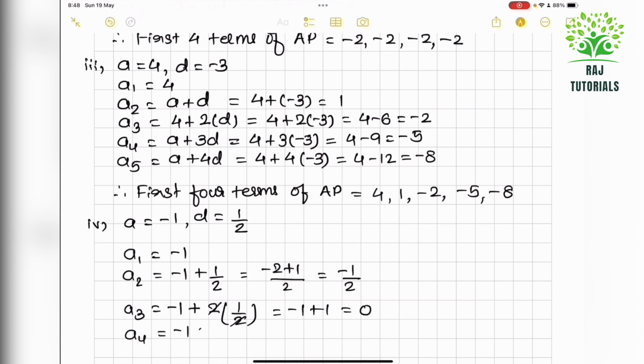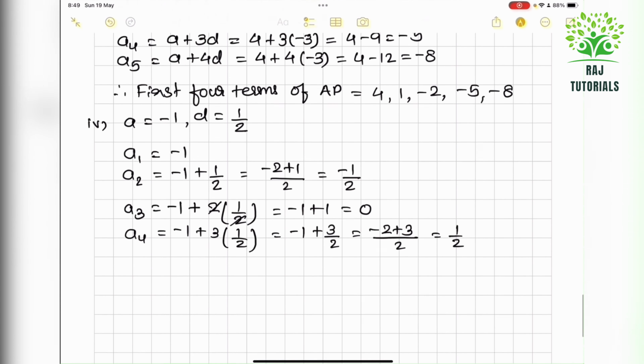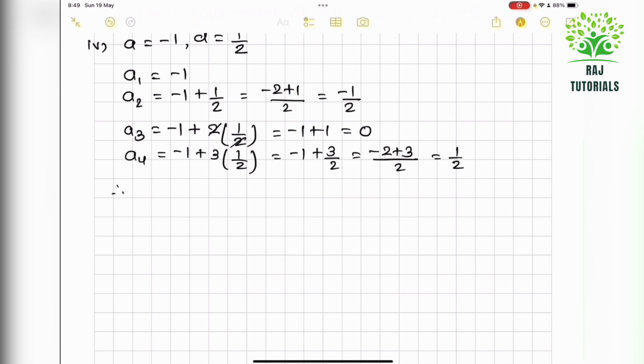A4 is minus 1 plus 3 into 1 by 2, so that is minus 1 plus 3 by 2, minus 2 plus 3 by 2, 1 by 2. So I can say therefore first four terms of AP minus 1, minus half, 0, half, and so on.